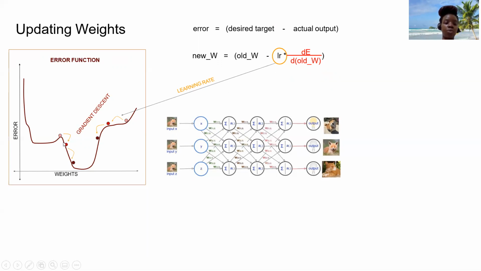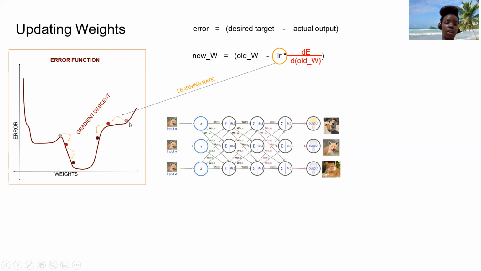If the learning rate is too high, we might overstep. For example, we are at this position, and we have a learning rate that pushes us from this position to this position, meaning we have missed the global minima. It continues until the point where it reaches a local minima, and the network stops learning.